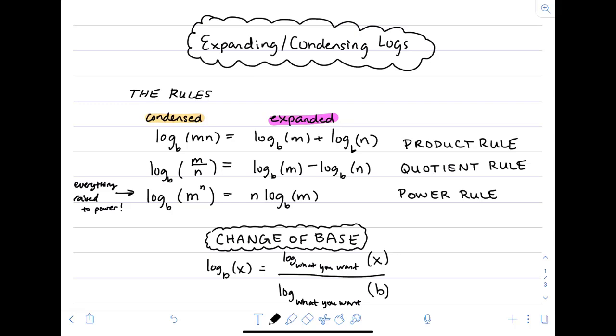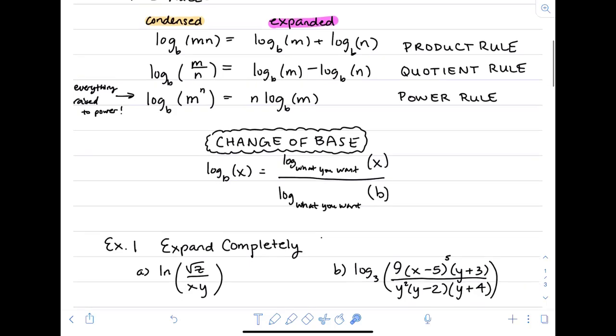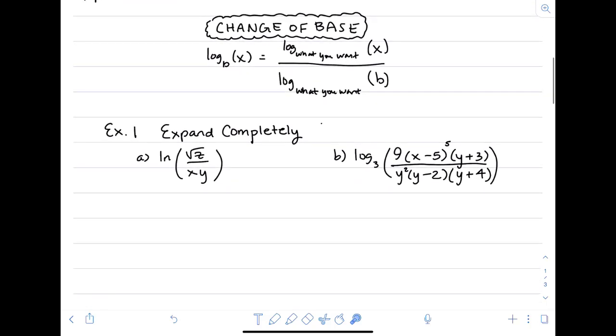So let's go into our last rule, which is the change of base formula. The change of base formula isn't really helpful for condensing or expanding per se, but it's the rule that's going to allow us to change any logarithm in a base that would be less desirable, say 2 or 3. The bases that are less desirable tend to be bases that aren't particularly special, so we tend to prefer bases like e and 10 over other arbitrary bases.